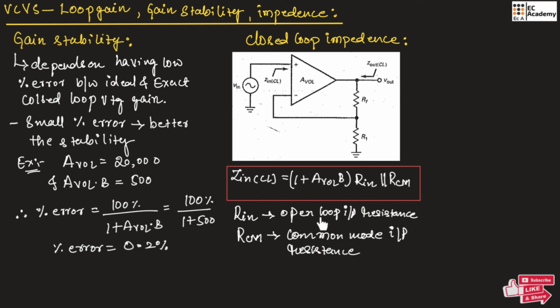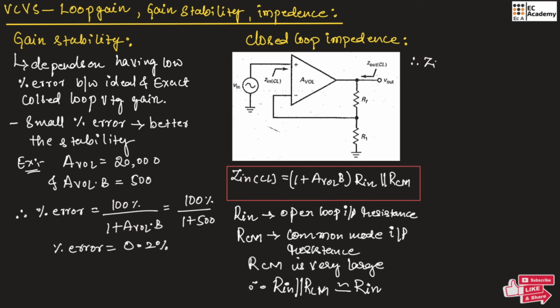Here R in is the open loop input resistance and RCM is the common mode input resistance. You need to remember that RCM is very large, therefore R in parallel with RCM we can approximately take as R in. Therefore Z in closed loop will be equal to 1 plus AVOL into B multiplied with R in.